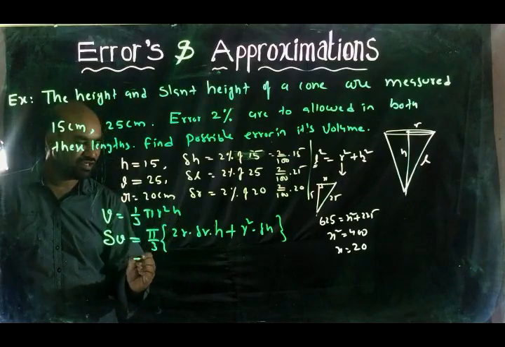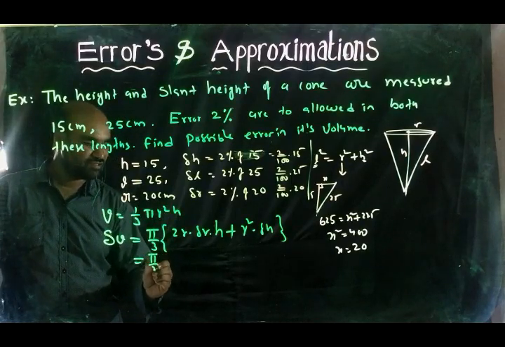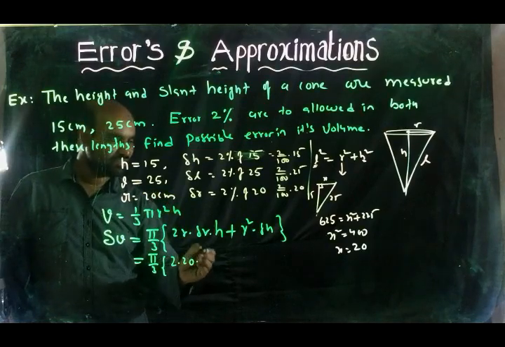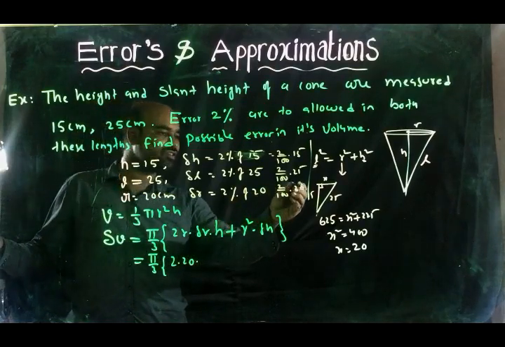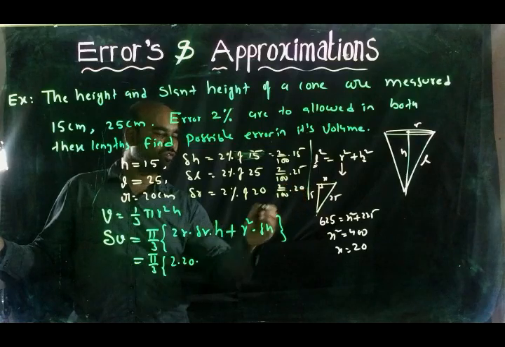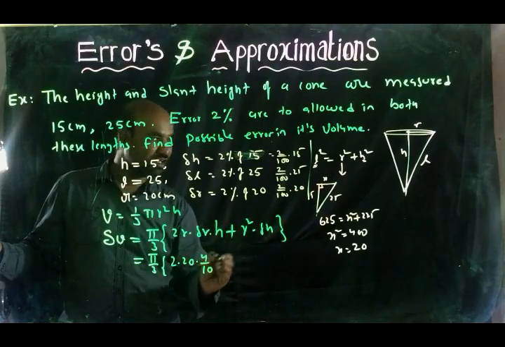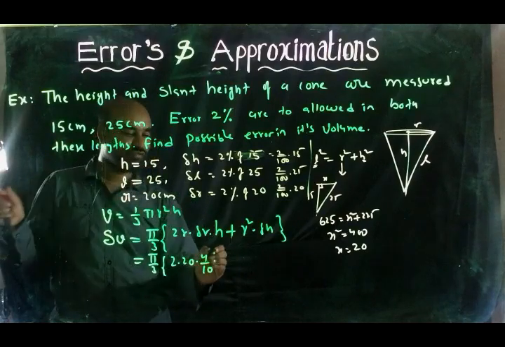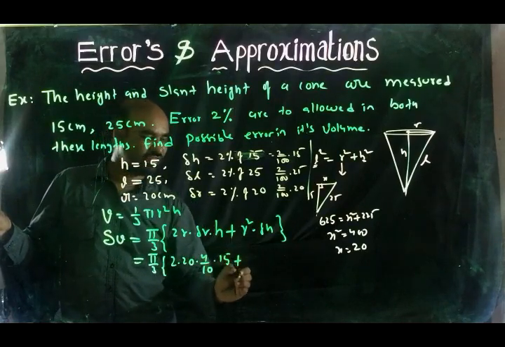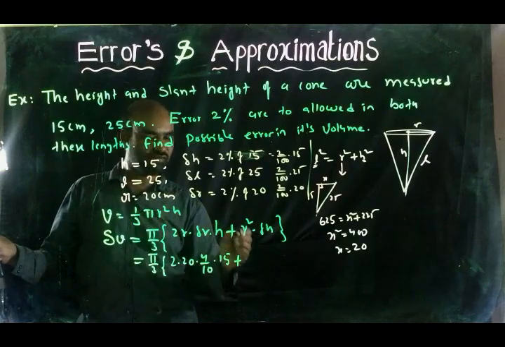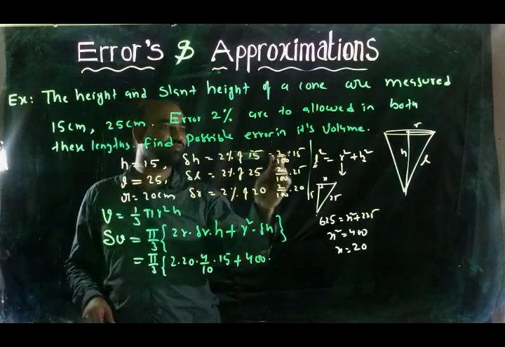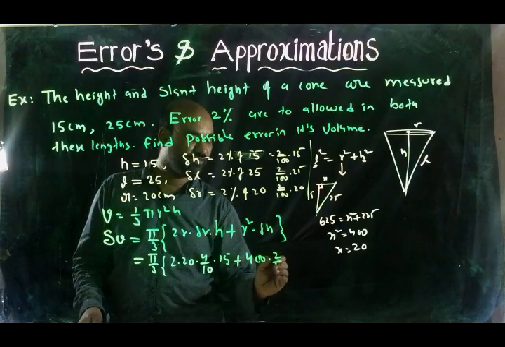Just substitutions only. Pi by 3 into 2 into r means 20. Delta r means 2 by 100 into 20, 0 gets cancelled. 4 by 10, I think correct only. Into height. Height is 15. Plus r square 400. Delta h means 2 by 100 into 15.